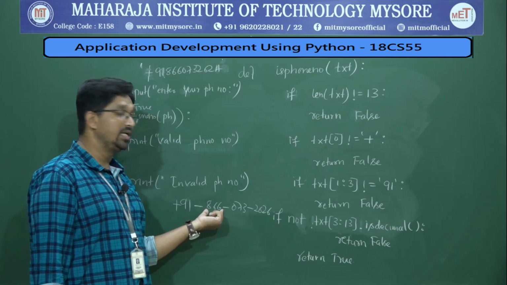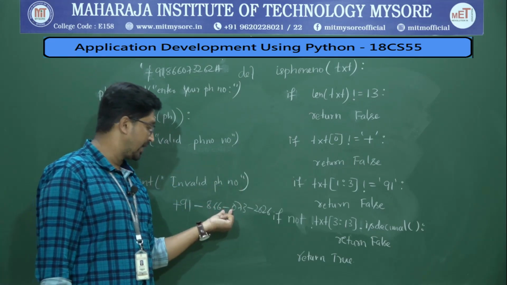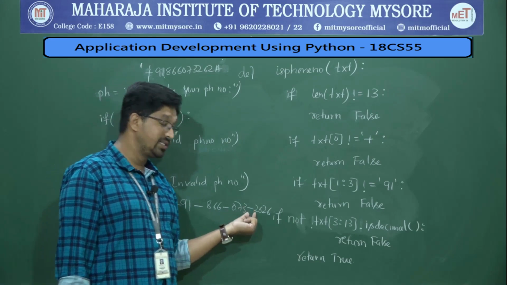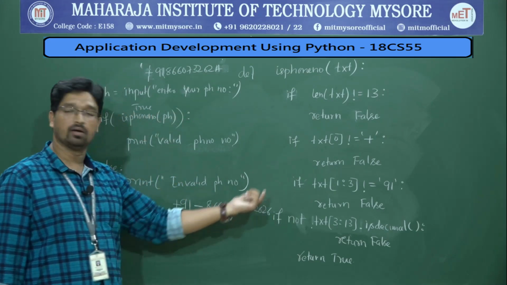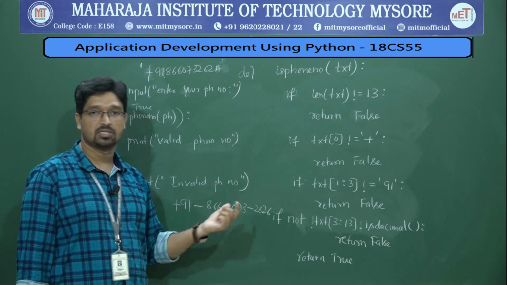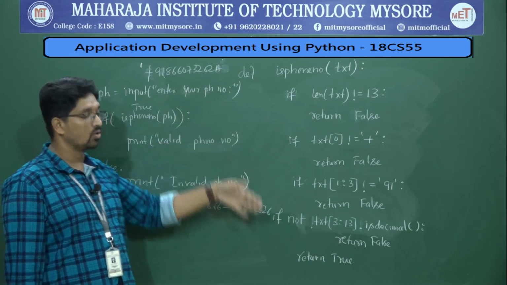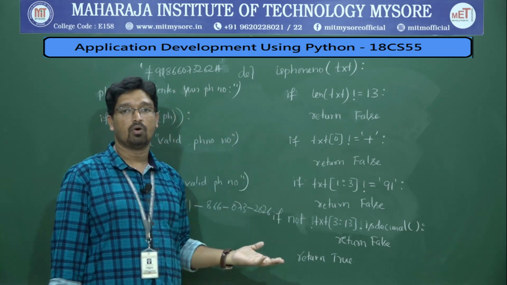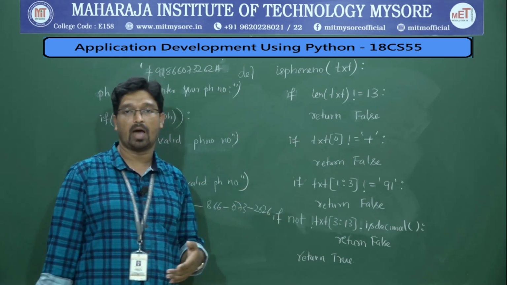Again there should be 3 digits. You need to write one more condition for the first 3 digits. Again dash, another 3 digits. Again dash, other 4 digits. This is a pattern: 3, 3, 4, and there should be a dash. Just like date of birth, you need to write the code again. It is difficult for the coder to code everything manually.